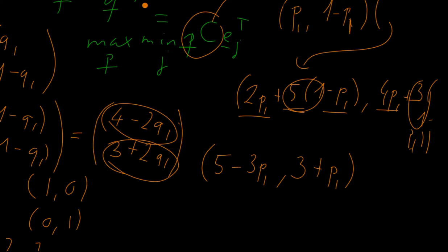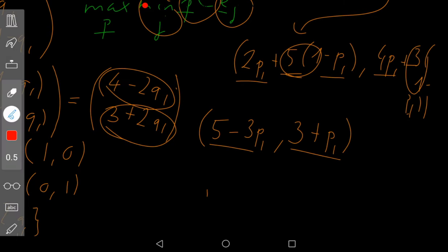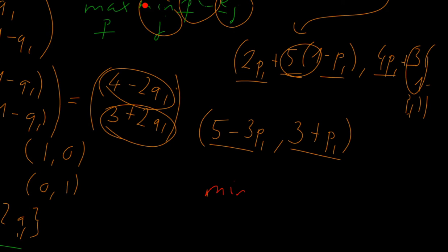Okay, and again multiplying it by A, j is either this entry or this entry, and taking the minimum of these things is just taking the minimum, and I'm just switching it to red. It's just taking the minimum of these two entries, 5 minus 3P1 and 3 plus P1, and I have to maximize over the probability distribution, so essentially P1.